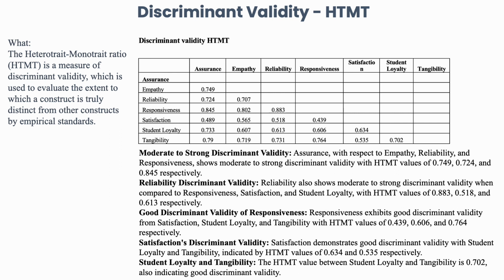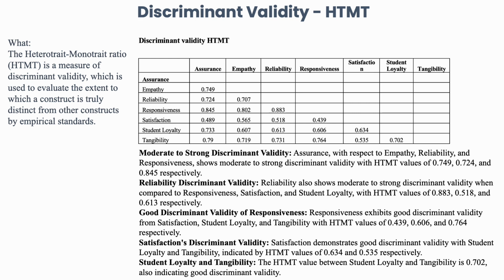The table on the slide shows the result of the discriminant validity analysis using the HTMT ratio. It shows that the HTMT values for assurance to empathy, assurance to reliability, and assurance to responsiveness are 0.749, 0.74, and 0.845 respectively.